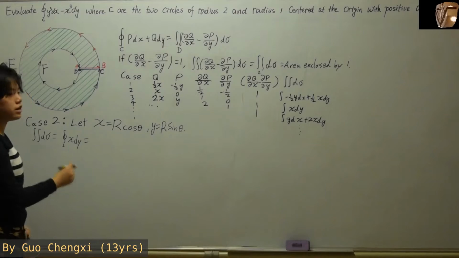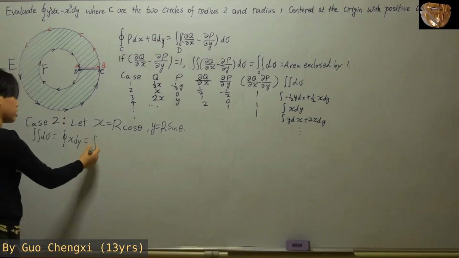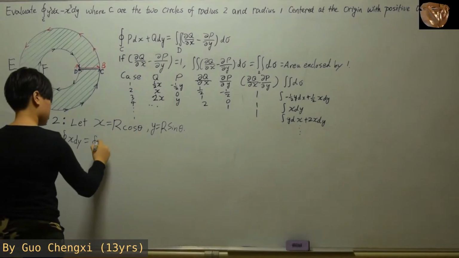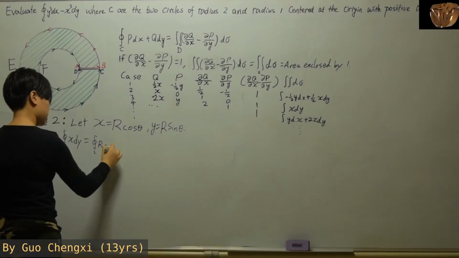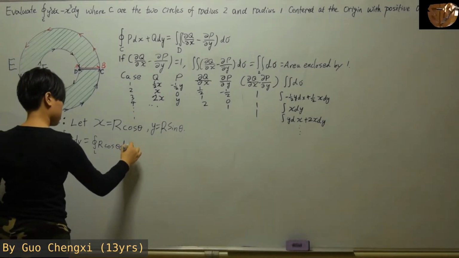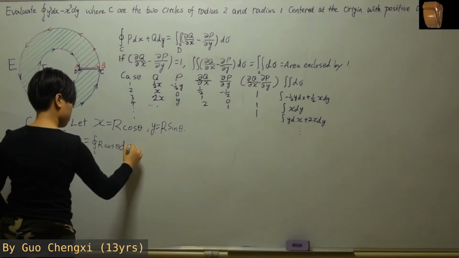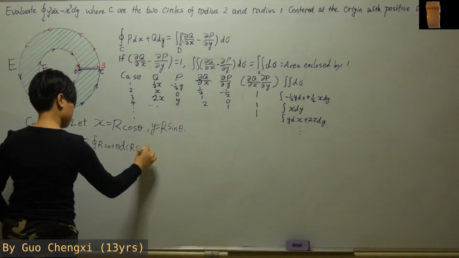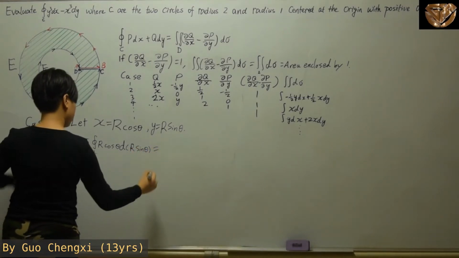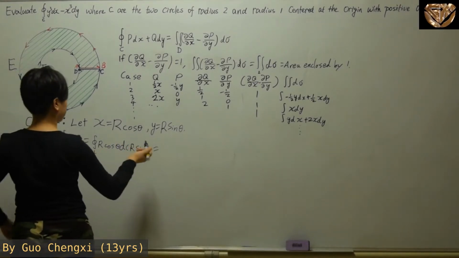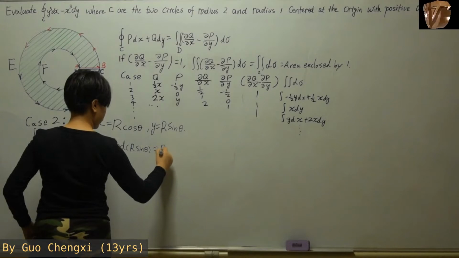Changing x dy to polar coordinates, you'll get r cosine theta d of r sine theta. Now we can take out the r since it's just the coefficient. So here you have r squared.